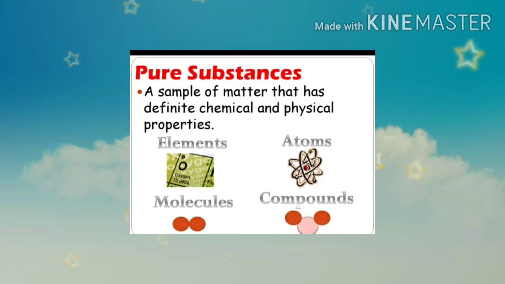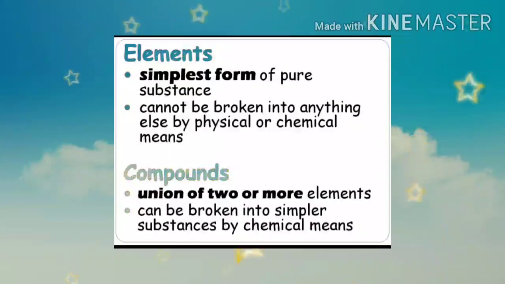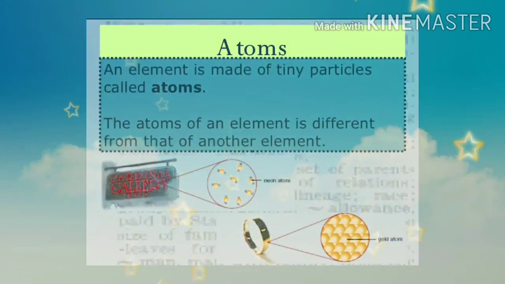So here we have learnt about pure substance, a sample of matter that has definite chemical and physical properties, elements and compounds. The simplest form of pure substance is an element, which is made up of tiny particles called atoms.